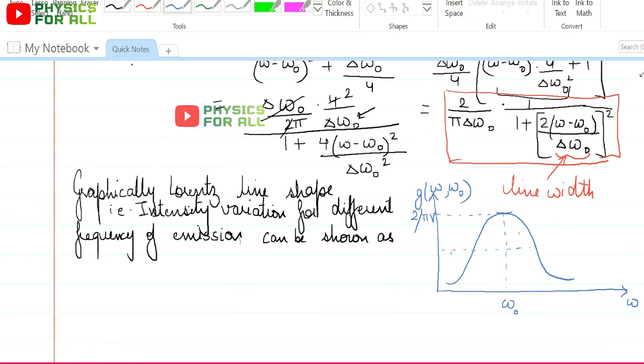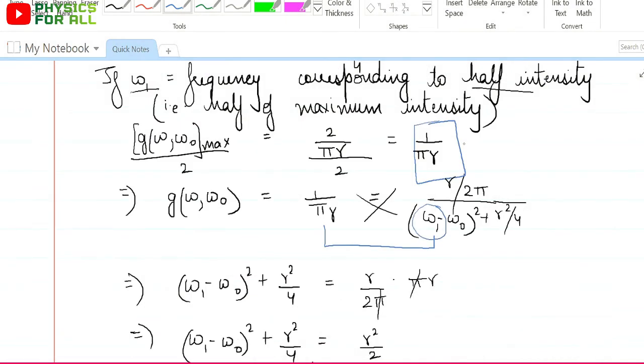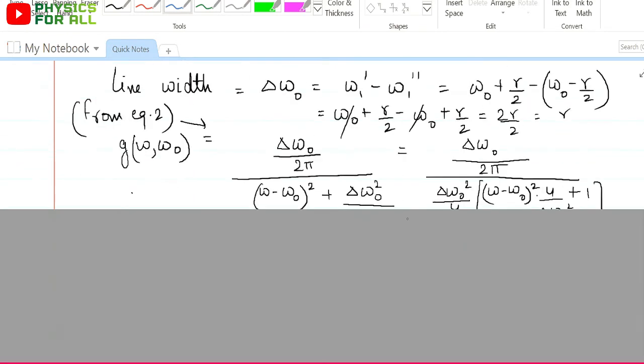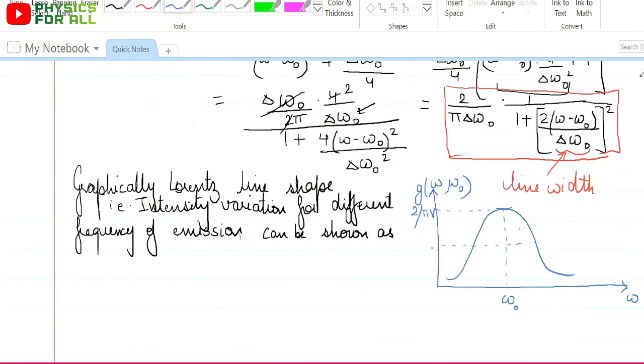But what is the value of g omega omega naught at half of the maximum intensity? Let's see. This is the value of g omega omega naught maximum at half of the maximum intensity, that is for omega 1. So let's show it here. This is the value 1 upon pi gamma.